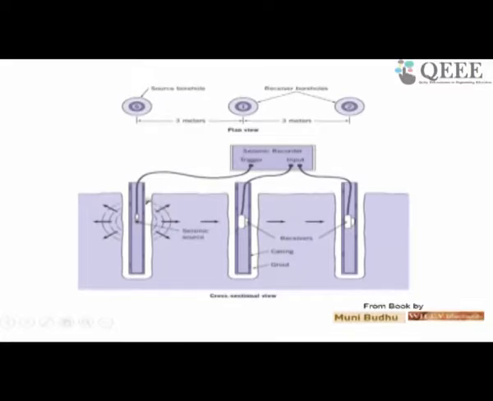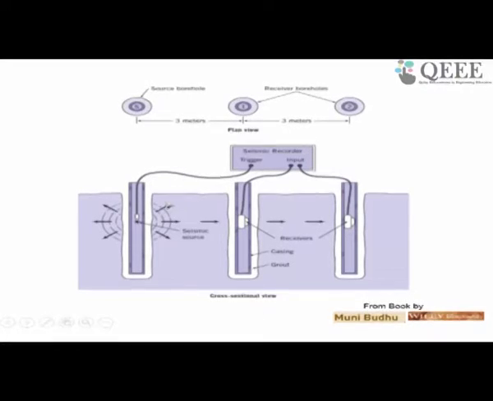Suppose you want to characterize the ground at this level, you must have your source at that depth. You lower your source to that depth. You can use a small quantity of blasting to generate some seismic waves, and at the same level you keep your receiver. In this particular hole you keep the source, and in the other hole you have a receiver.